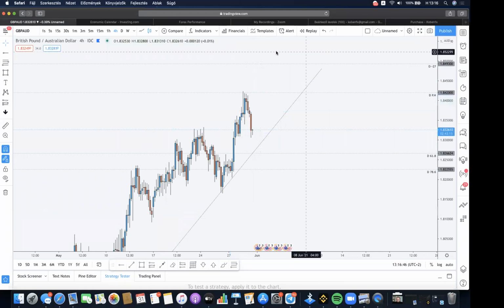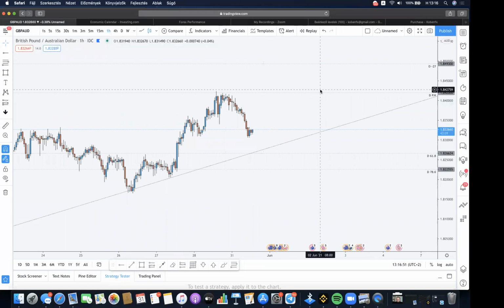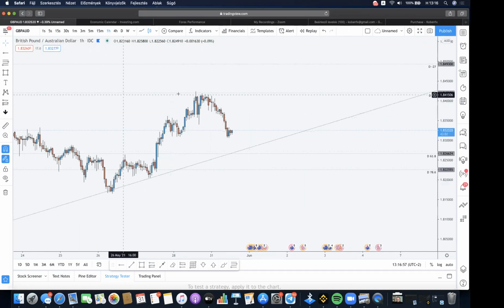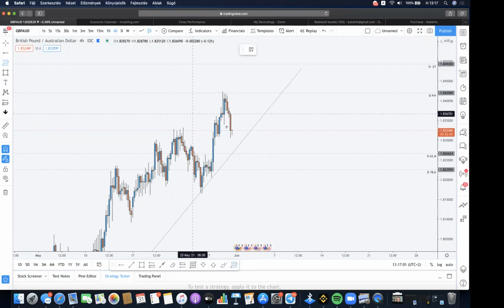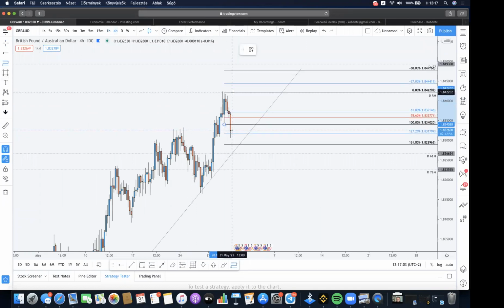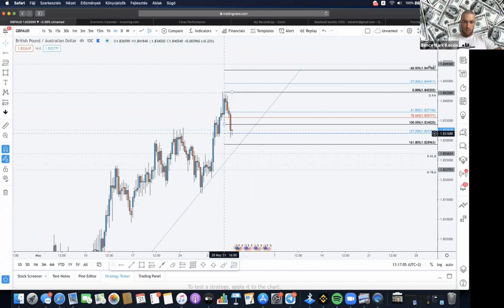Yeah, I'm in this trade right now. Let's have a look just for a second, still this one. So this is the 127. Looks like the price rejected, and we have equal lows at this point.